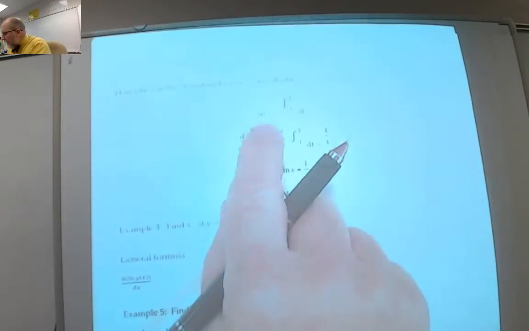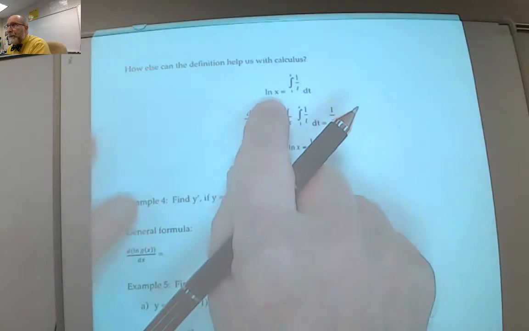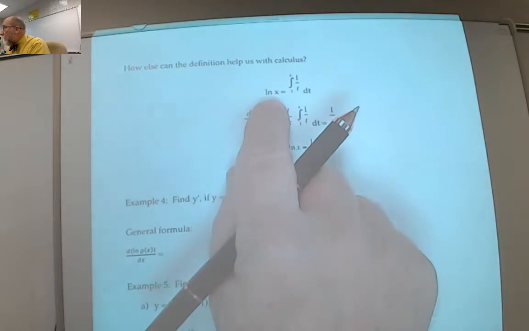All right, next page. Now, what does this mean? Well, the purpose of today is to see if we can figure out the derivative of the natural log, because we know we're not going to use a power rule.